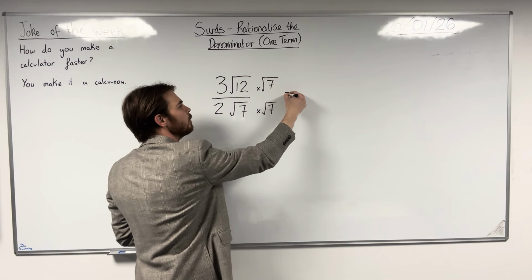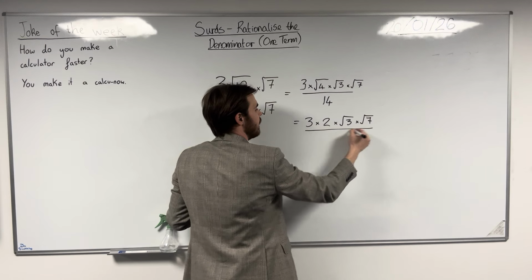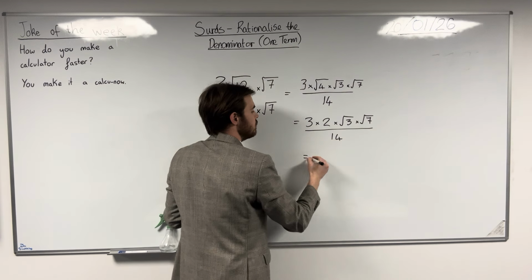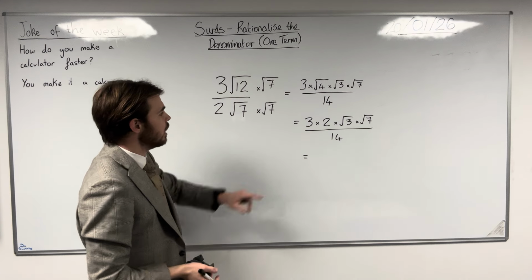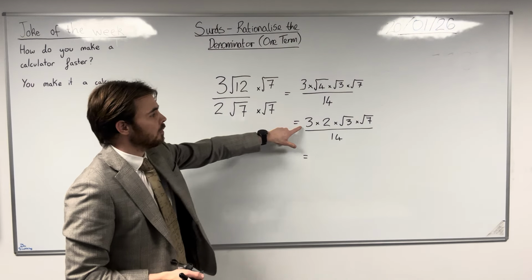So we've got 3 multiplied by 2. And then we've got the square root of 3 and the square root of 7. And the 14 on the denominator, okay? Now this is just going to become a 6. And then there's no more square numbers and there's nothing on the denominator. So we can't really do anything with that. So we're going to times that back up to become the square root of 21. And then we've got 14 here.